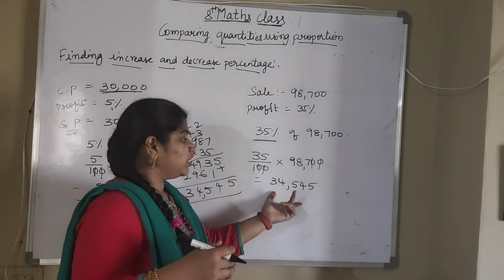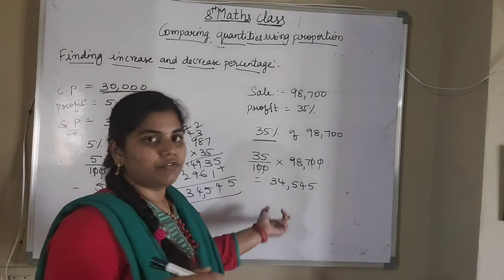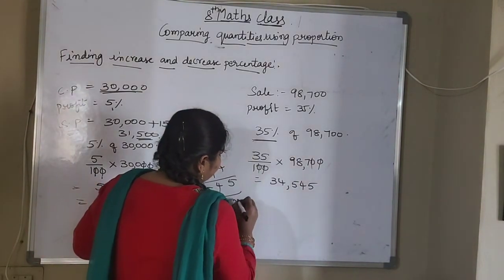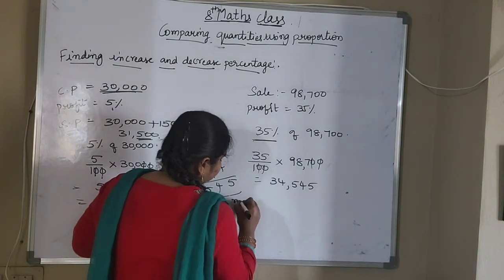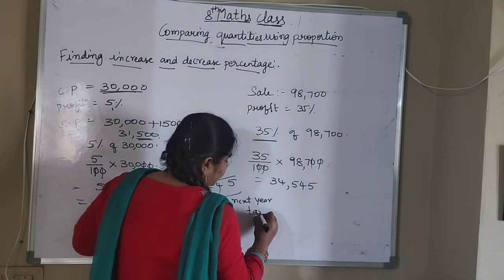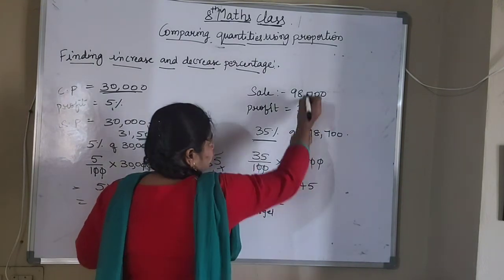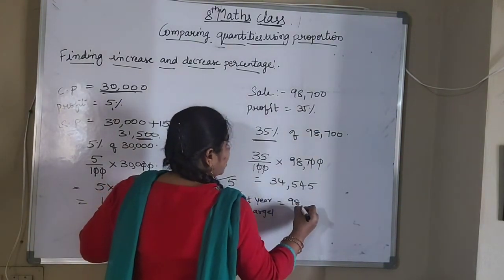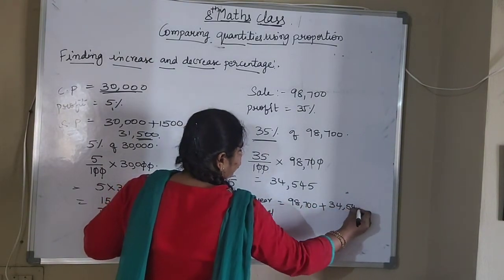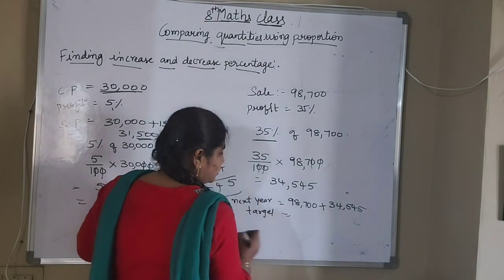That is 34,545. So what will be the next year sale? Next year target will be, add these two, that will be 98,700 plus 34,545. So if you add this, how much you will get? We will see here.